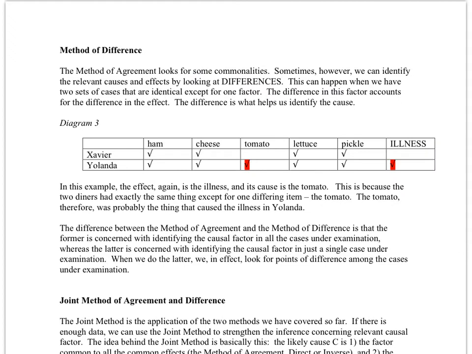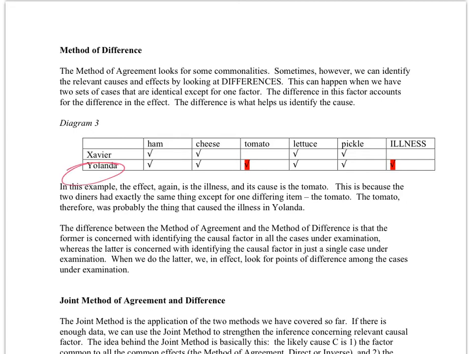The method of difference works differently from the method of agreement. Here the situation is different. In this case, the very setup of the situation is different in that we have a case where somebody has a certain outcome.